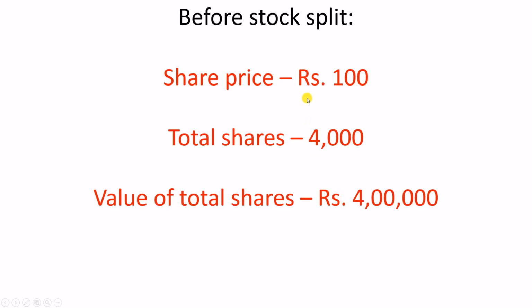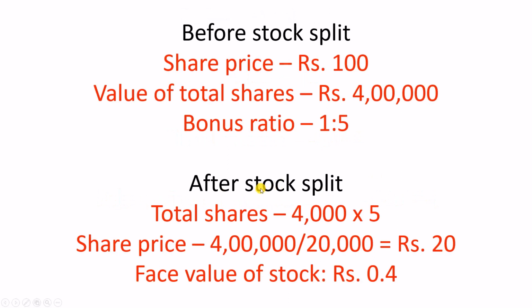The price at which the share or stock was being traded is 100 rupees. The total number of shares in the market was 4,000, same criteria. The value of total shares is 4 lakh rupees. Okay, 4,000 into 100. After the stock split, total shares in the market became 4,000 into 5. One share was split into 5, correct?